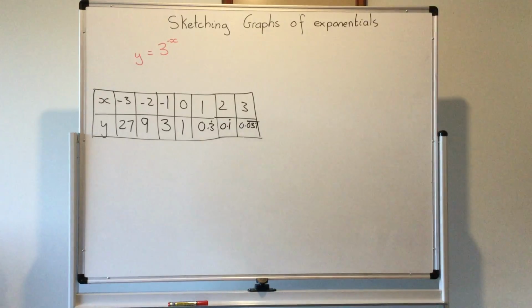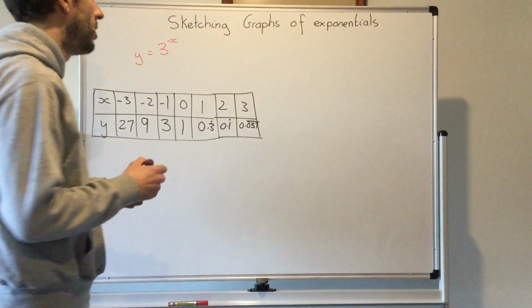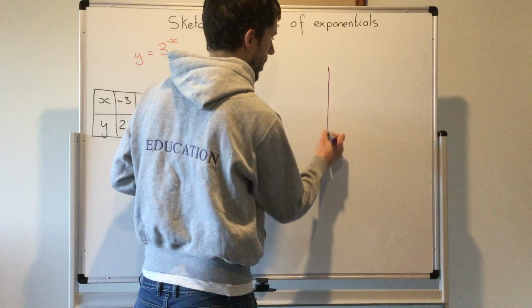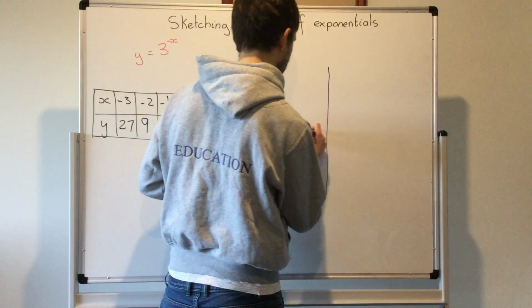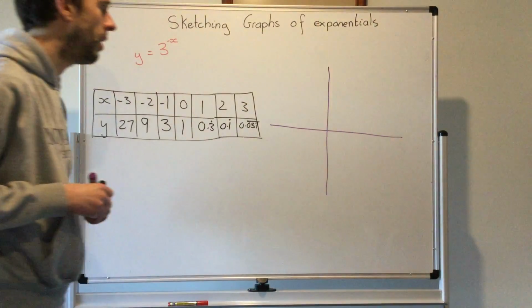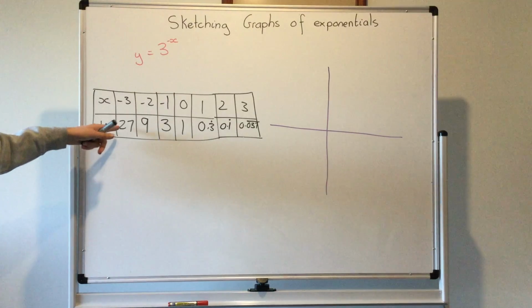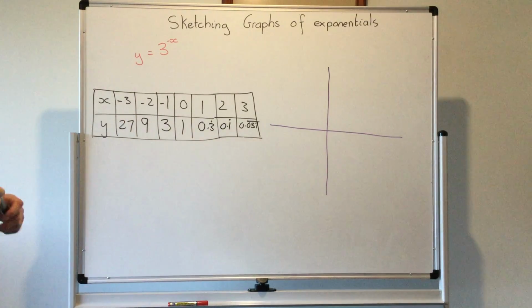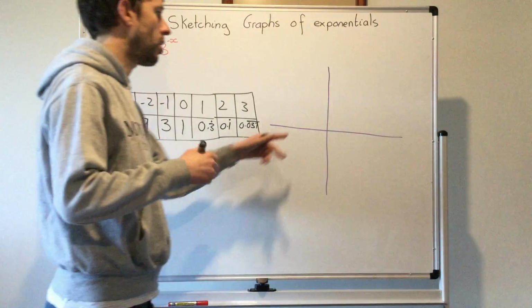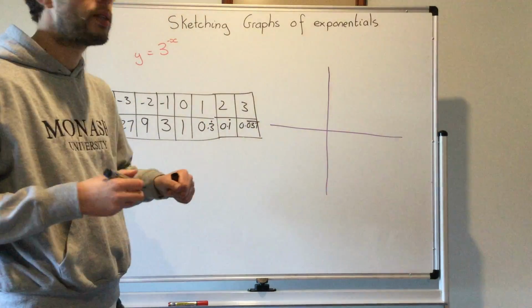So now we've got all of our points, so now we can draw our graph. With my y's, I've got from 27 all the way close to 0, but it's never going to reach 0.